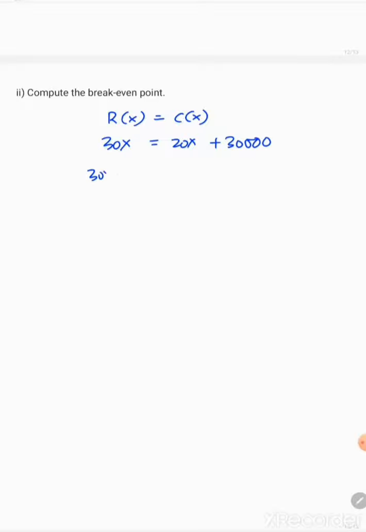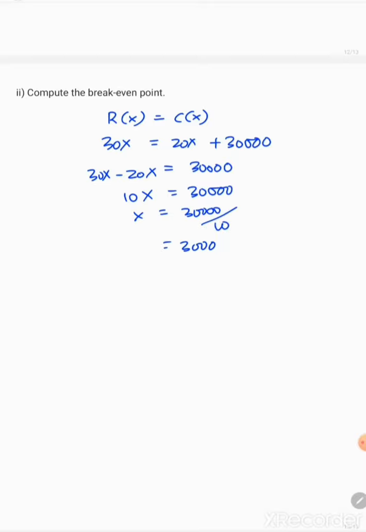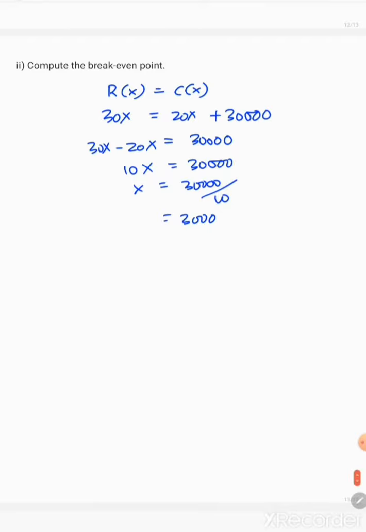So 30x minus 20x equal to 30,000, 10x equal to 30,000, therefore x equal to 30,000 divided by 10, we have here 3,000 quantity.